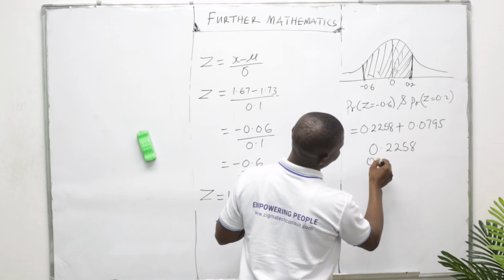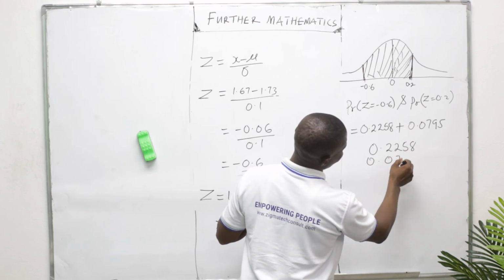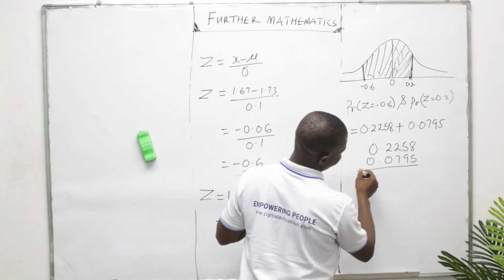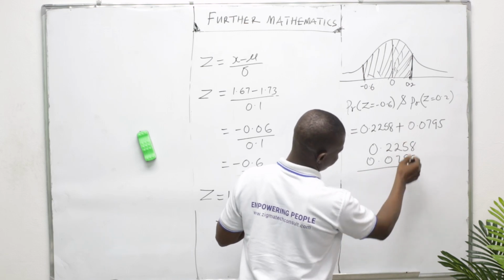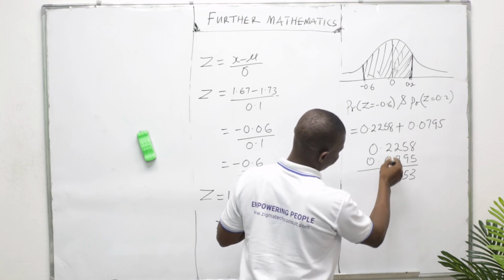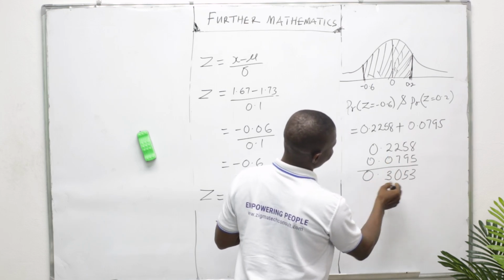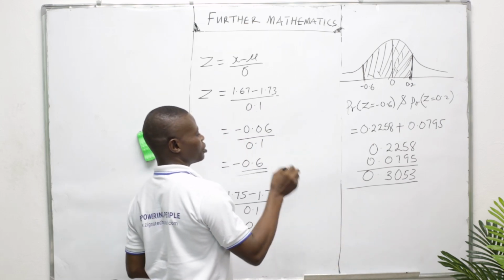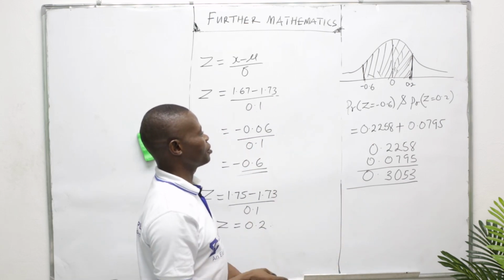Then we'll add together 0.2258 and 0.0795. This is 13, carry 1, 14, 15, 9, 10, carry 1, 3, 0.3053.